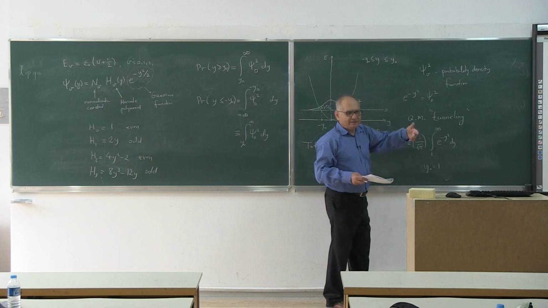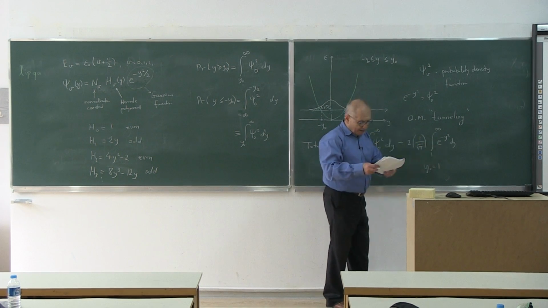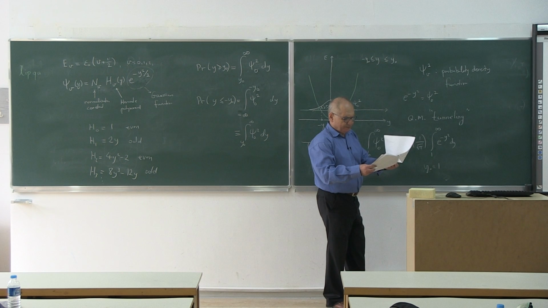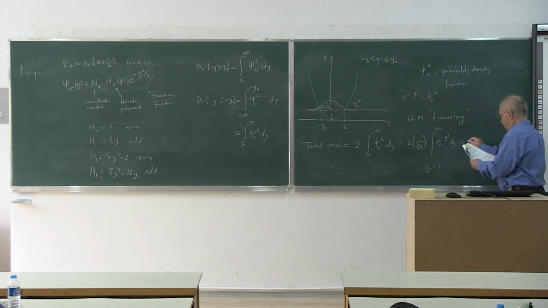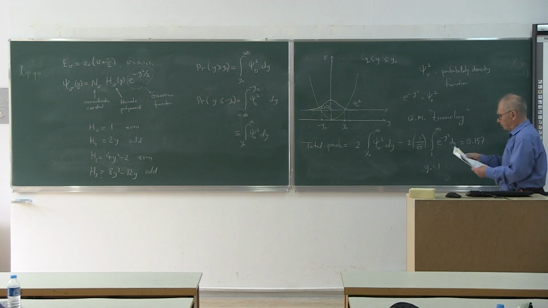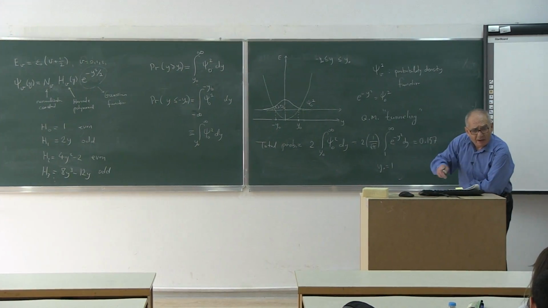There are standard numerical methods, so I have used one of them to calculate the value of this integral, and I have obtained the value 0.157. Now, what does this mean?